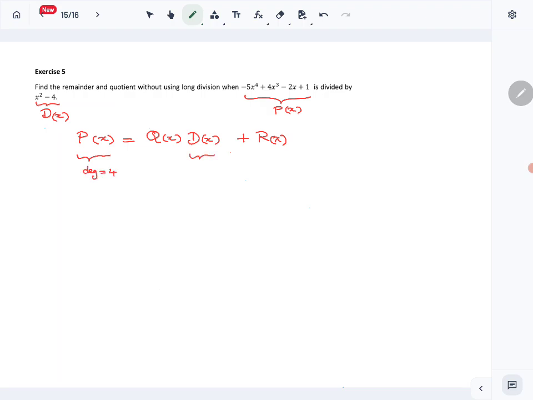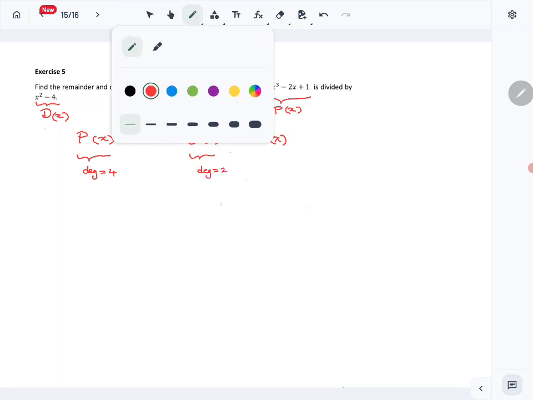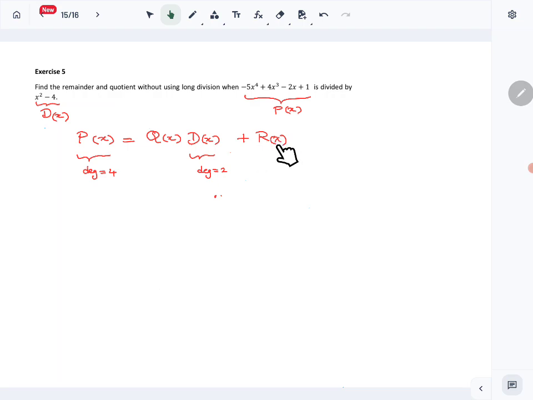What's the degree of the divisor? That is 2, right? If the degree of the divisor is 2, we know the degree of the remainder has to be what? At most 1, right? At most 1, because it's going to be 1 less than the degree of the divisor. What is the degree of the quotient going to be?